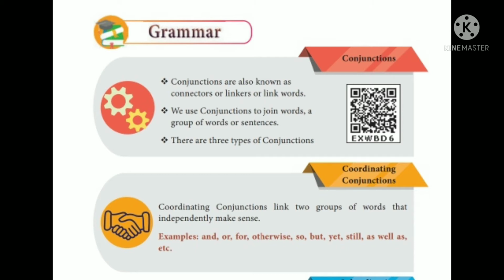See, here examples are given: and, or, for, otherwise, so, but, yet, still, as well as, etc. So these are a few examples of coordinating conjunctions. Coordinating conjunction means its main work is to link two groups of words that independently give a meaning to the sentence.